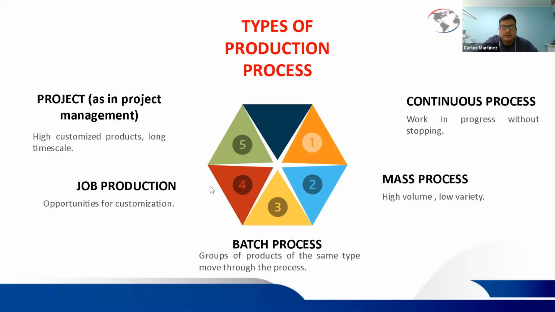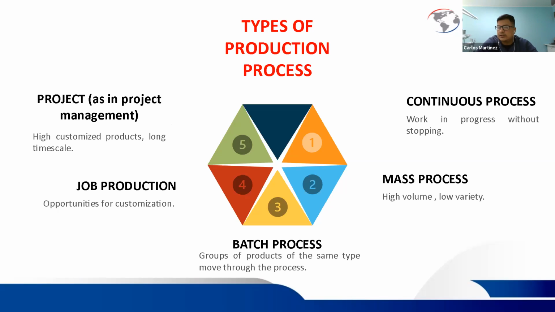Low variety, customized. And then we have fast production, and it takes a longer time to produce. Okay, so these are the different types of production process that we can evaluate. And they go from less time to more time, more variety to less variety, etc. Very good.